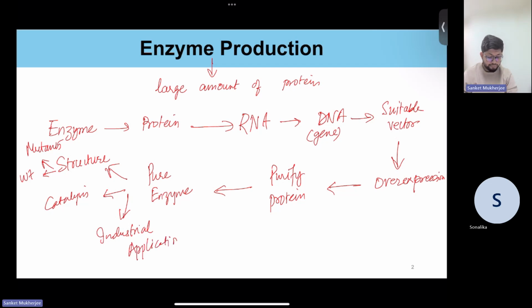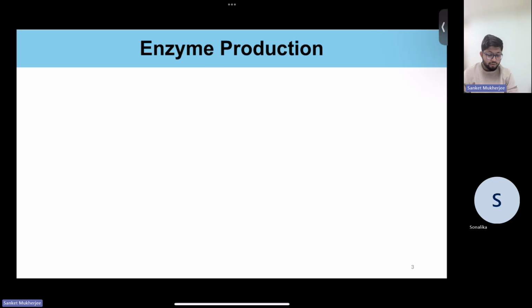So this is the basic flow chart that we have for enzyme production, and this is how it is usually done. Now, if I talk about the schematics for producing enzyme, we need to first identify the gene that produces that enzyme, right? And let's call it gene X, right?